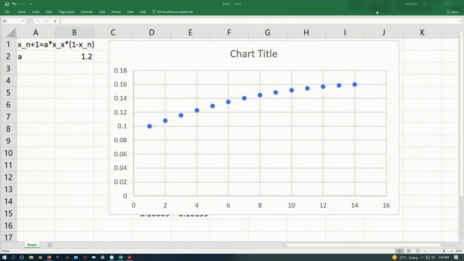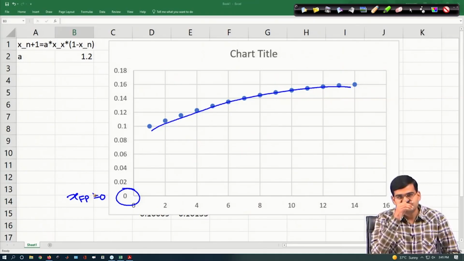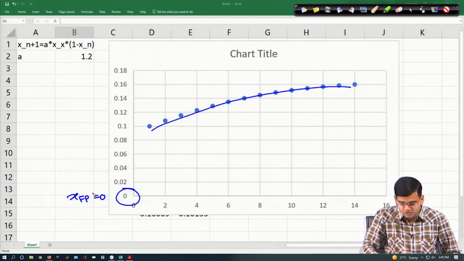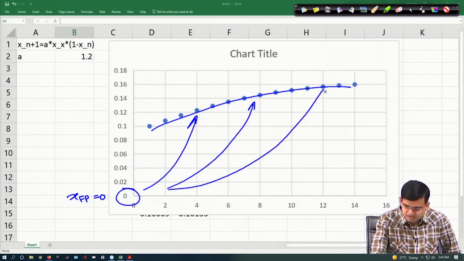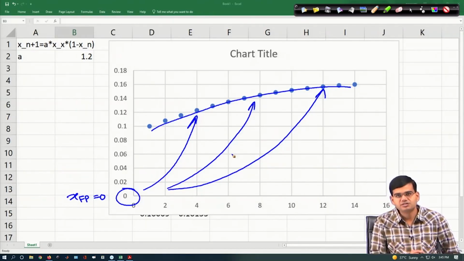I see that the population is going away from the fixed point x equal to 0, which means for a greater than 1, the fixed point 0 is a repelling fixed point. So you are getting repelled from x fixed point equal to 0. Whatever analysis we did sounds to be correct.